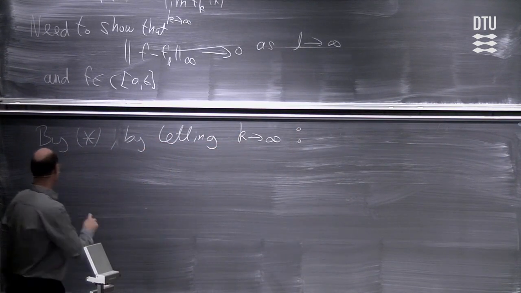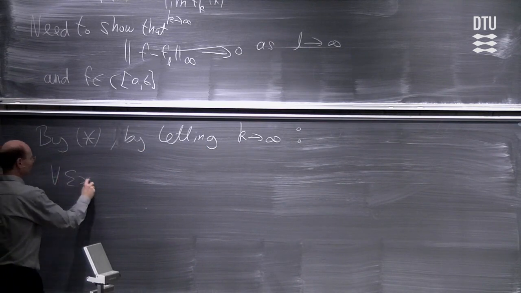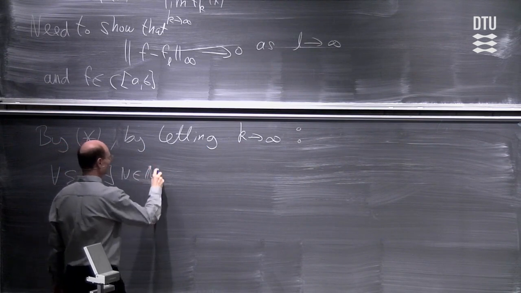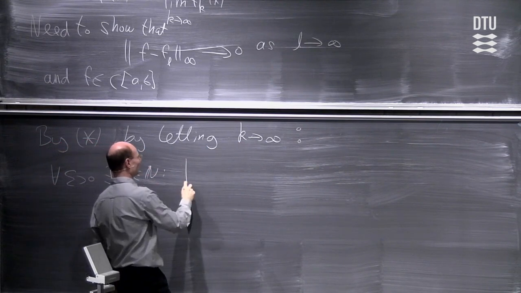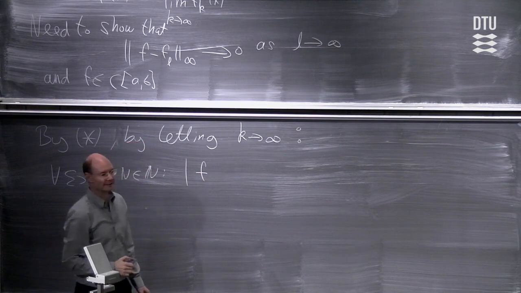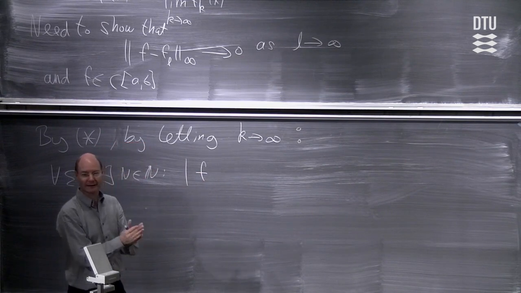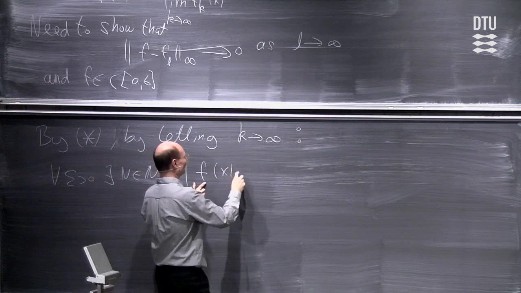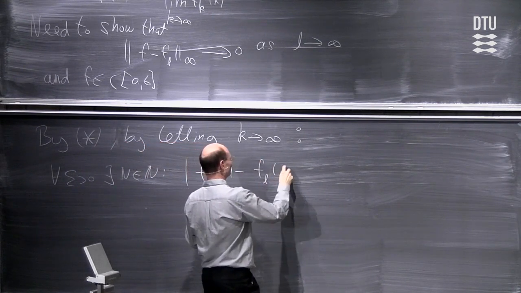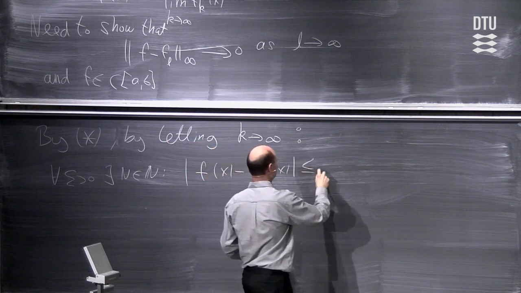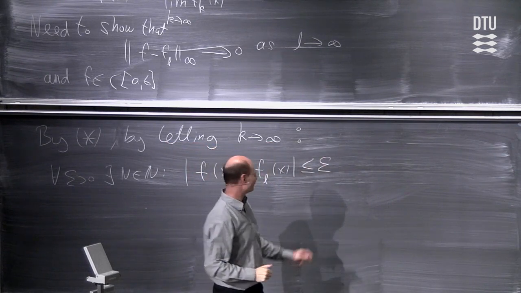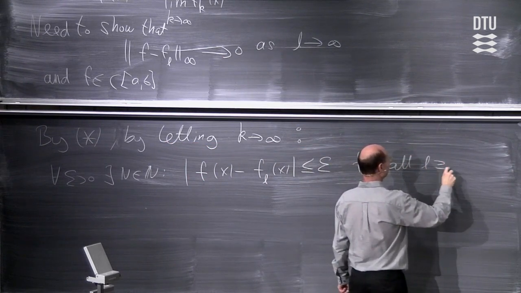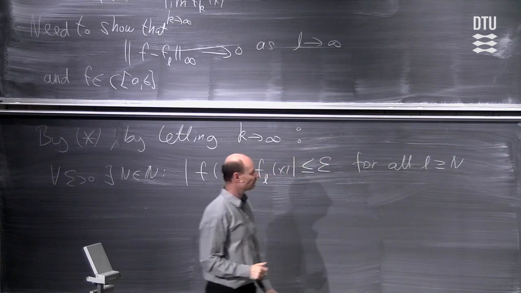So for all epsilon greater than 0, there exists an n in the natural numbers such that, when we let k tend to infinity, fk of x converges to f of x, so we just get |f(x) - fl(x)| smaller than or equal to epsilon for all l greater than n.